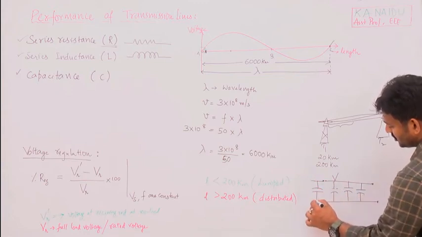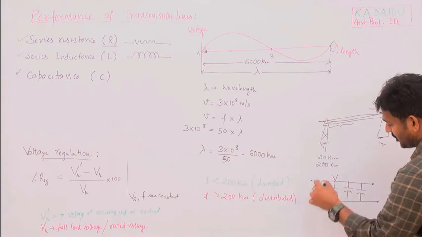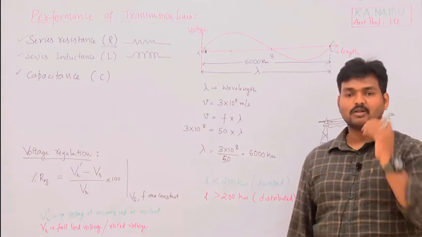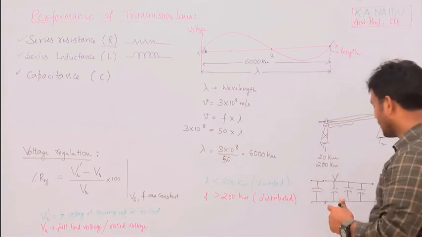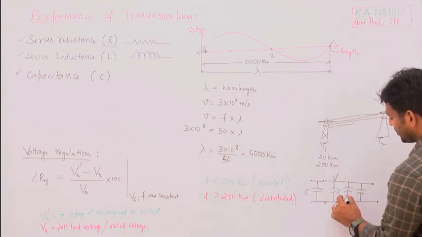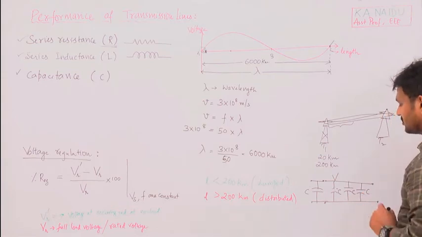There will be a capacitance between these 2 lines. That means it is present in shunt or in parallel. So let us take this as C. C stands for capacitance.